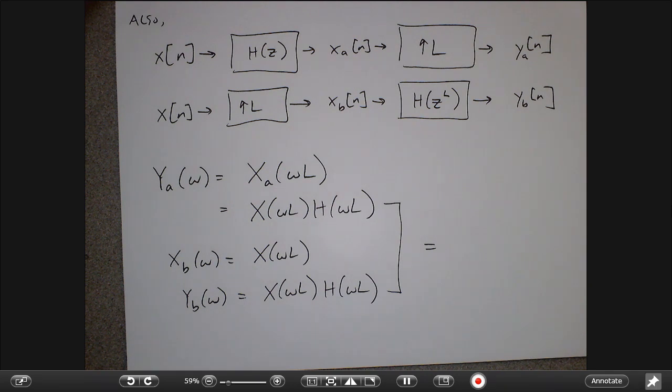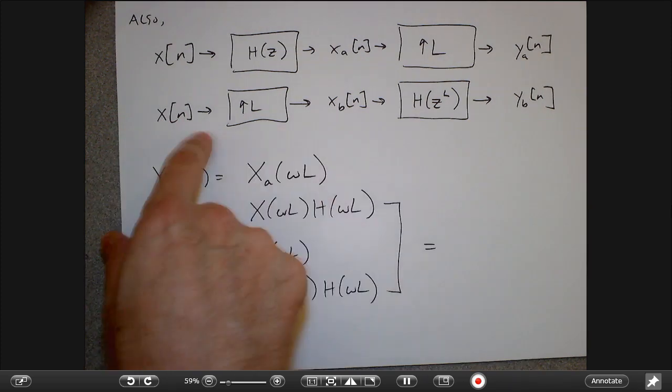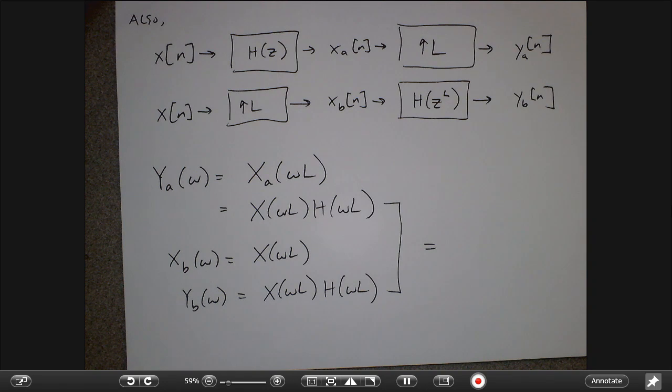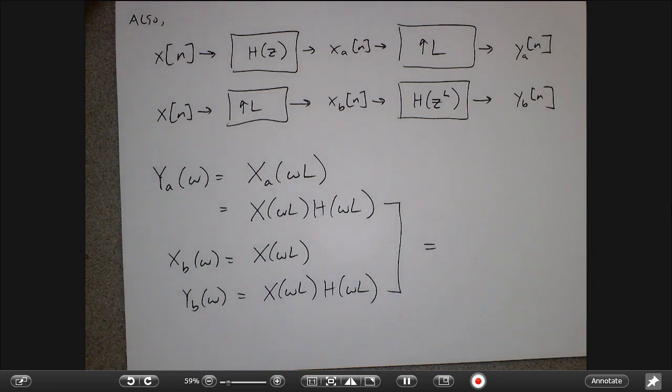So one way I think about this is that this lower branch is kind of inefficient, right? In the sense that I am inserting a whole ton of zeros into my signal, and then I'm running that through a filter, right? And so the filter is dumb, right? The filter doesn't know any better when it sees an input.